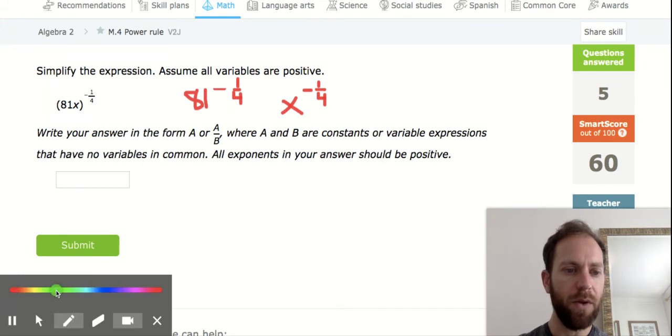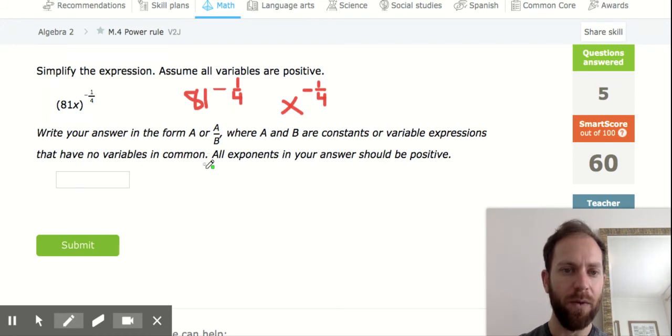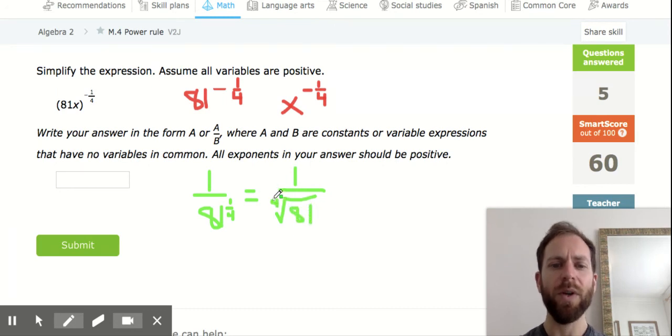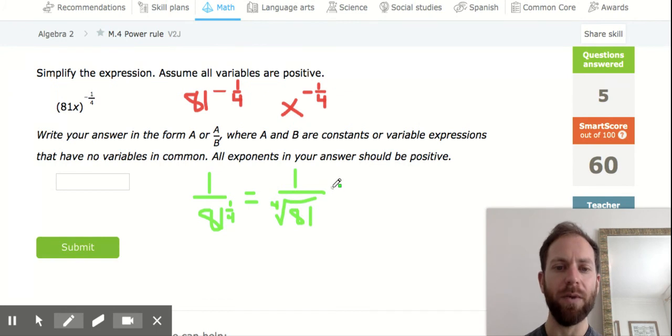So let's see, 81 to the negative 1/4 is the same as 1 over 81 to the positive 1/4. And another way to write the positive 1/4 power is the 4th root of 81. What is the 4th root? What times itself 4 times gives you 81? The answer to that is 3. So this whole thing simplified just becomes 1/3.